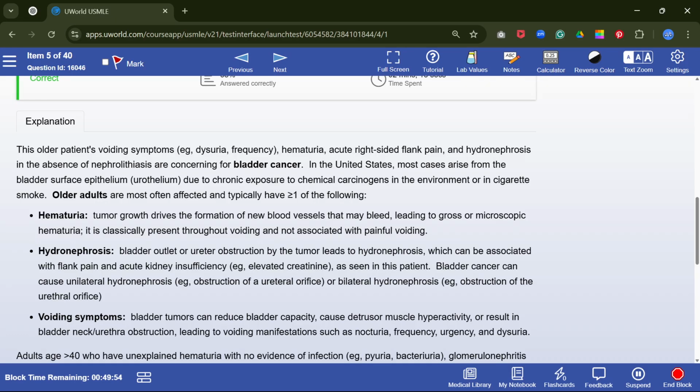In the United States, most cases arise from the bladder surface epithelium, the urothelium, due to chronic exposure to chemical carcinogens in the environment or in cigarette smoke. Older adults are most often affected, typically with one of the following.